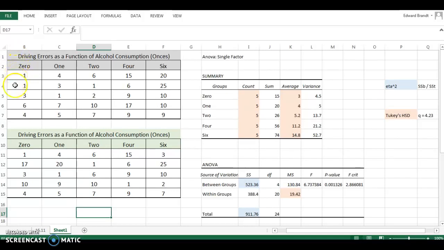This chart is set up such that there were 5 samples of each treatment, meaning that there were 5 individuals that had 0 ounces of alcohol, and this is the number of driving errors they had. And then you had individuals with 1 ounce of alcohol, and these are the number of driving errors they had, and so on, all the way up to 6 ounces.